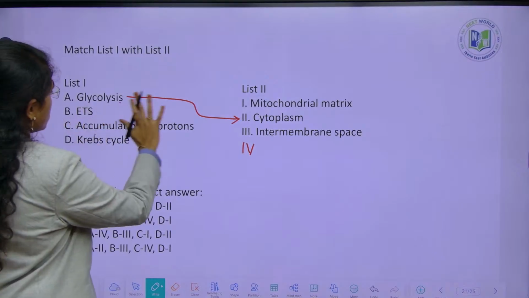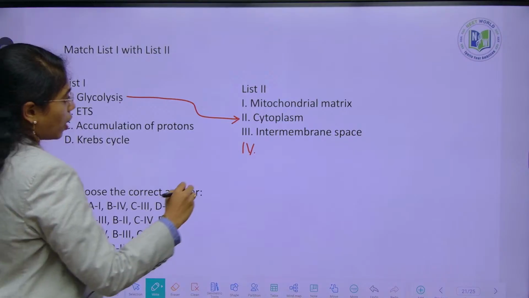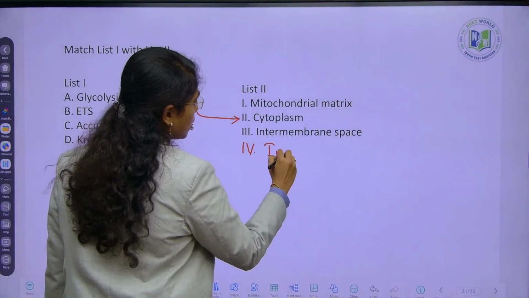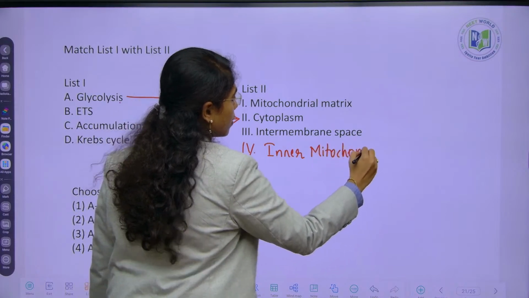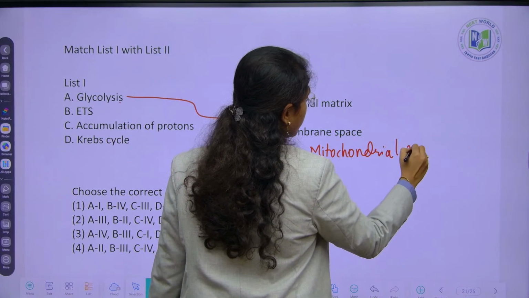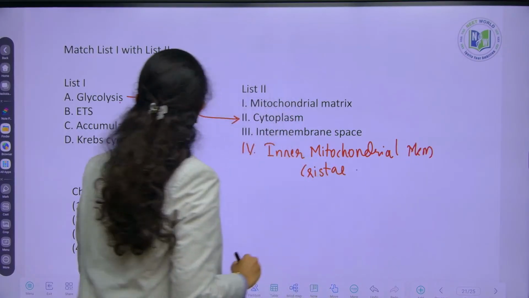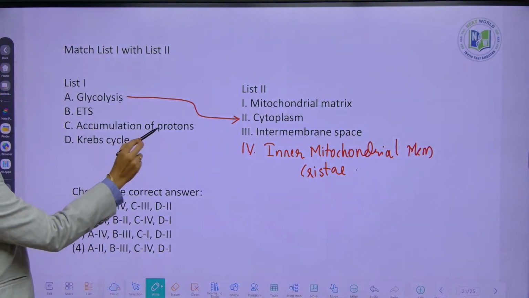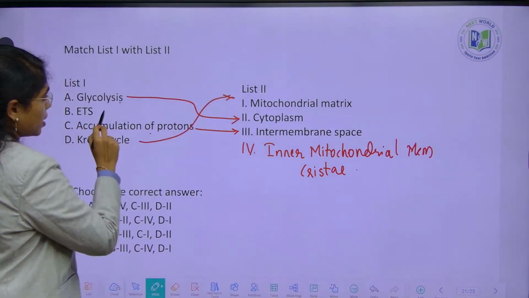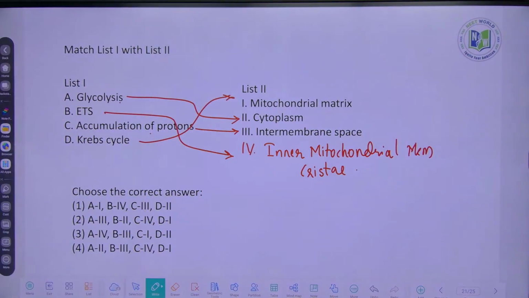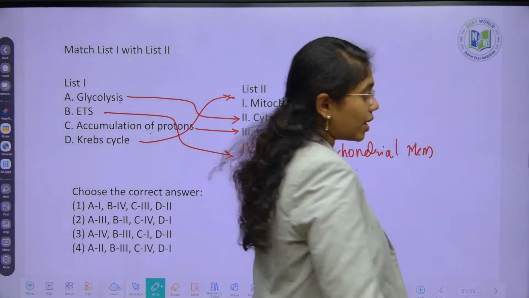Electron transport system operates in the inner mitochondrial membrane, or cristae. Accumulation of protons in the intermembrane space. Krebs cycle in the mitochondrial matrix. Recalled? Next.